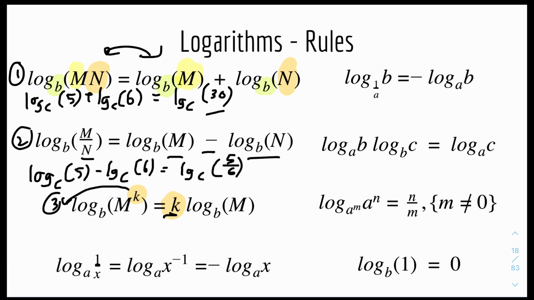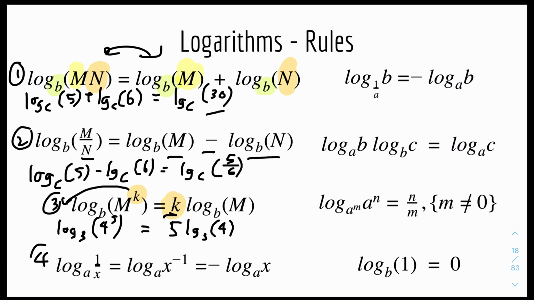So it could be log of 3 to the power of 4, to the power of 5. It will equal 5 log 3 to the power of 4. So it's quite useful in certain circumstances, like if you're trying to simplify it to the fullest, or if you have a negative power, or a 1 over something inside the bracket, you can write it as a minus power, and that minus can be put to the front of the log.